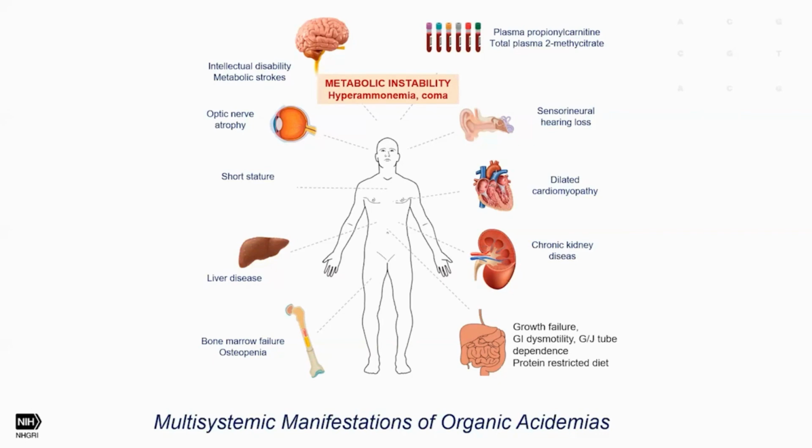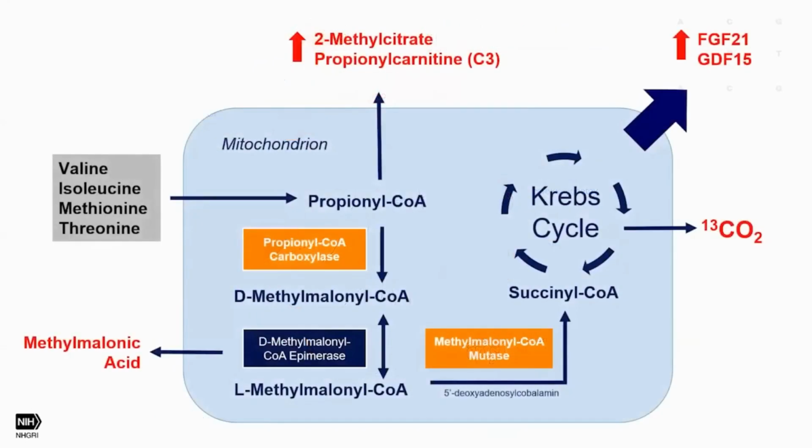Enzymes involved in propionate oxidation are ubiquitously expressed and feed carbon into the Krebs cycle. From the clinical perspective, deficiency of propionyl coenzyme A carboxylase results in propionic acidemia. Biochemically, it can be characterized by elevated 2-methylcitrate in body tissues, as well as propionylcarnitine, known as C3.